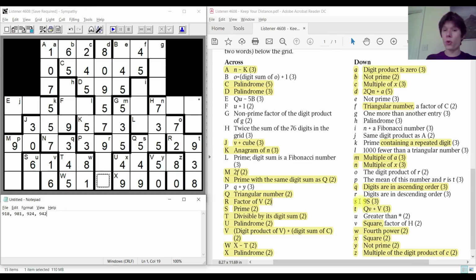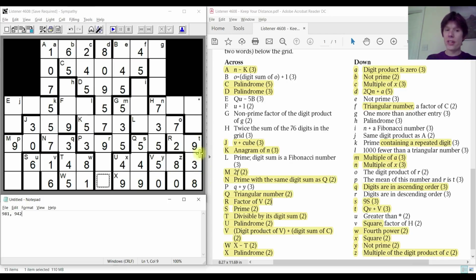But we're also told that little r has its digits in descending order. So that immediately rules out 918 and it rules out 924. Let's suppose it were 981. Well, then r would be 43 more than little t.